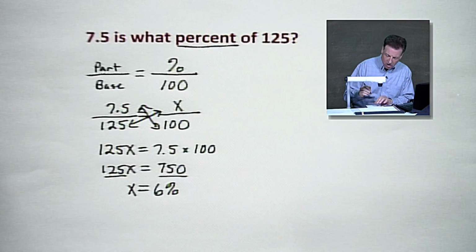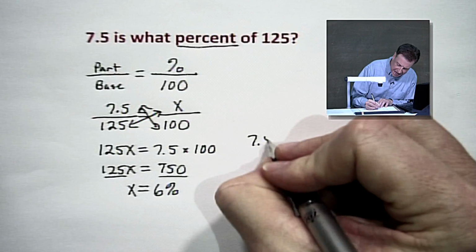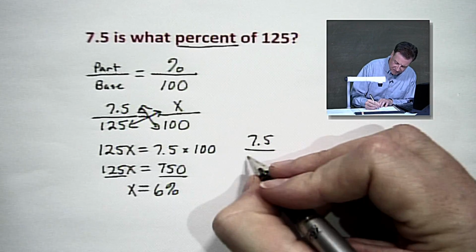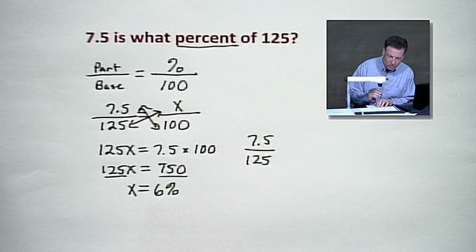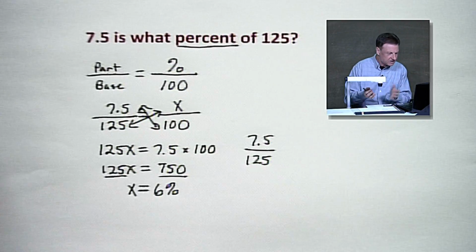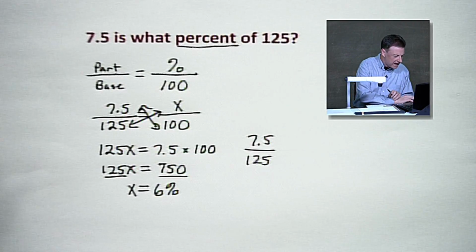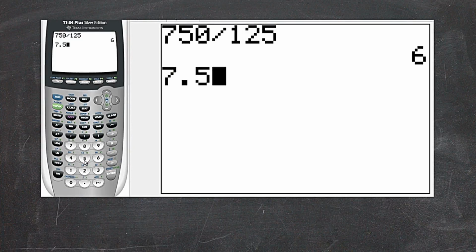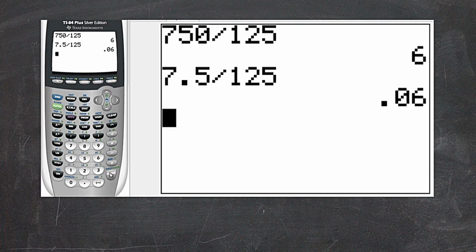Now, one quick word. Some of you say, well, Ernie, could we have just said 7.5 divided by 125? Because it's a ratio. And you say, Ernie, what would we do? Well, let's see what would happen. We would go back to the calculator here, see what the difference is. 7.5 divided by 125, and we get 6/100ths.